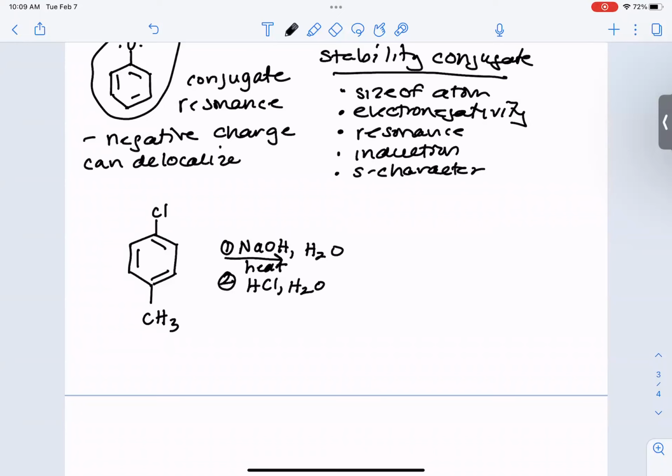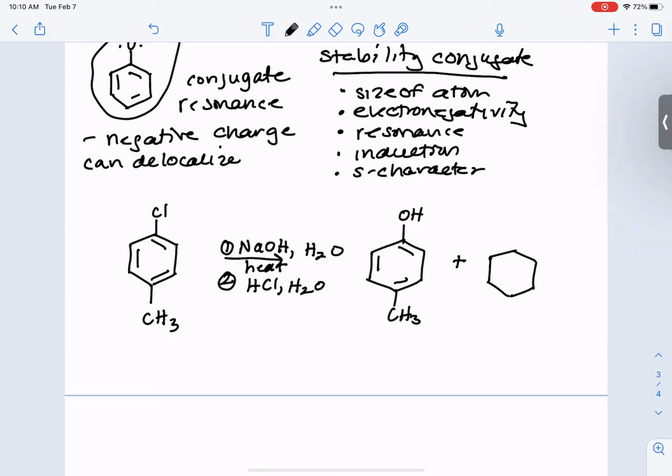You're neutralizing it, and now you have a nice precipitate that you could filter out and not have to run one of those columns that take forever. Okay, so the two products that you have here are going to be where you have direct substitution or you have reaction at that other carbon.